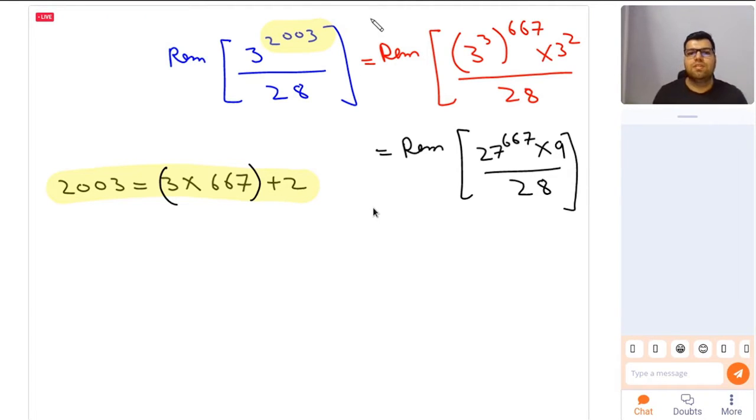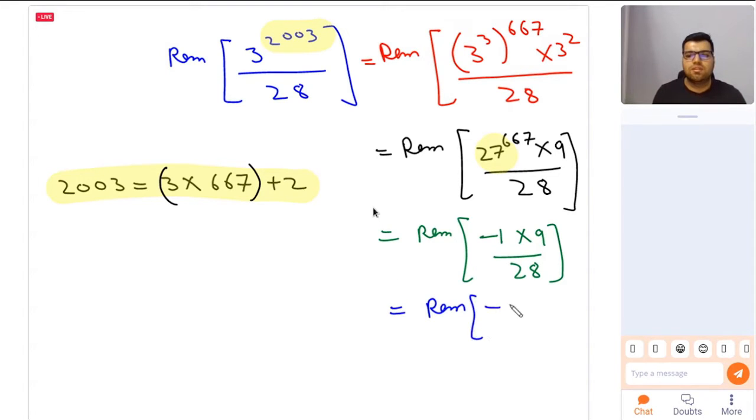We replace 27 with its remainder with 28, which is minus 1. Minus 1 raised to power 667, an odd power, will be minus 1 only. So minus 1 into 9 by 28, so this value becomes the remainder of minus 9 with 28.